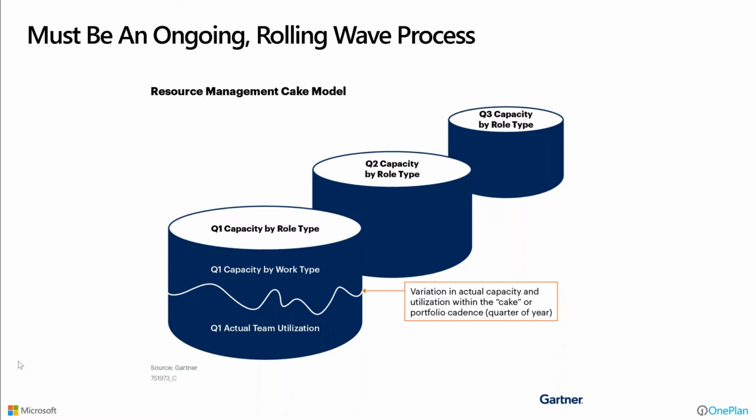So portfolio rebalancing with resource capacity planning should occur on a monthly basis. When you're looking at new projects, that means that you need to have all that information updated in order to make good decisions on what to take on, or what to put on hold and so on.